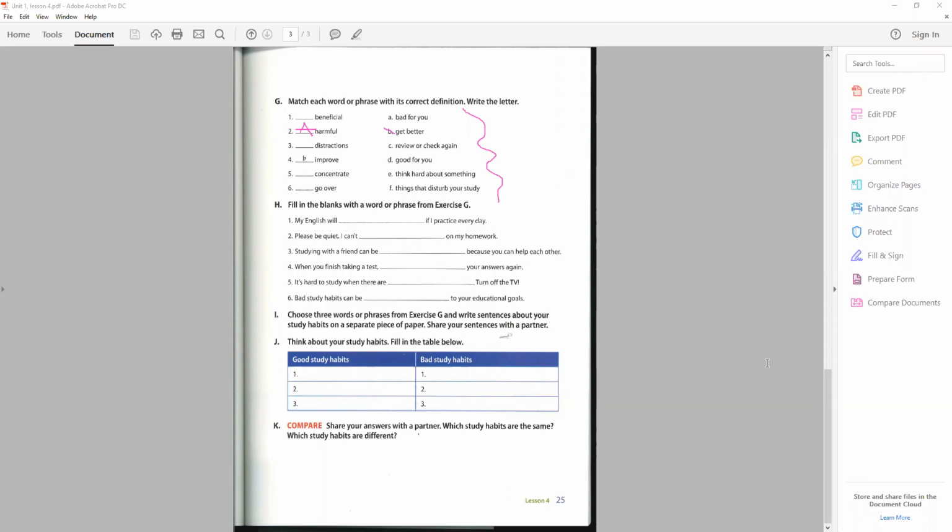Okay, what word are you going to use? Are you going to use beneficial, harmful, distractions, improve, concentrate, or go over?